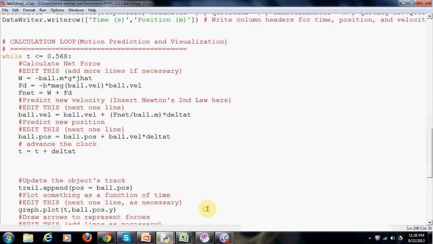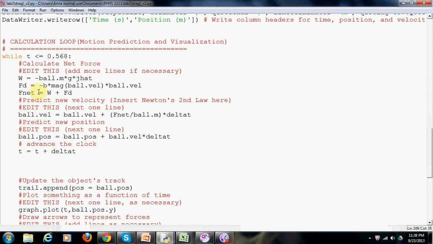In our next code, we did include the drag force, and this is equal to negative b times the magnitude of velocity squared. We determined this constant b by just matching the final position value that we obtained in this model to the final position value that we obtained in our experimental data.